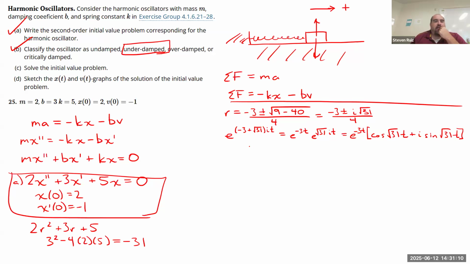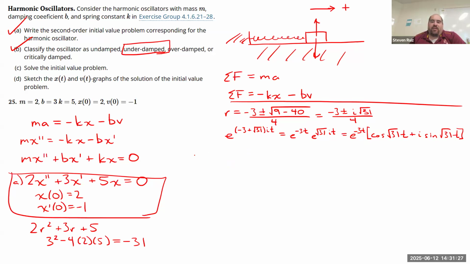So we know that our complementary solution is going to have the form of an exponential term times a cosine, and our other one's going to have the form of an exponential term times a sine.